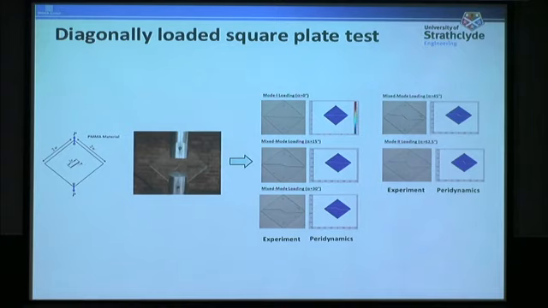What we are basically doing is pulling this specimen from top and bottom, and depending on the crack orientation, mixity changes, so the way that the crack propagates is different. The left-hand side that you can see is from experiments, and these are from our simulations. Again, if you compare these, you see that Peridynamics could capture the fracture pattern very accurately. And again, we didn't do anything special to capture these.